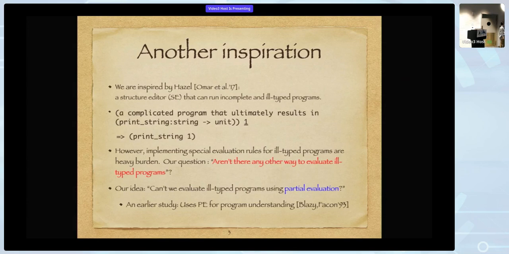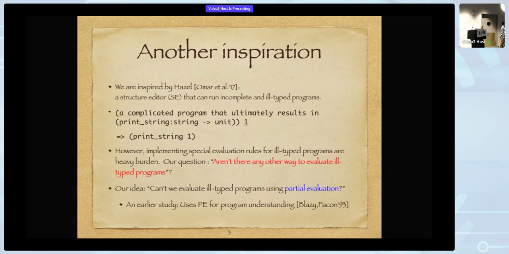But for that, Hazel also introduces special evaluation rules for ill-typed programs. If we'd like to have this kind of evaluation for other languages, it is a bit difficult to implement. It will be a heavy burden.